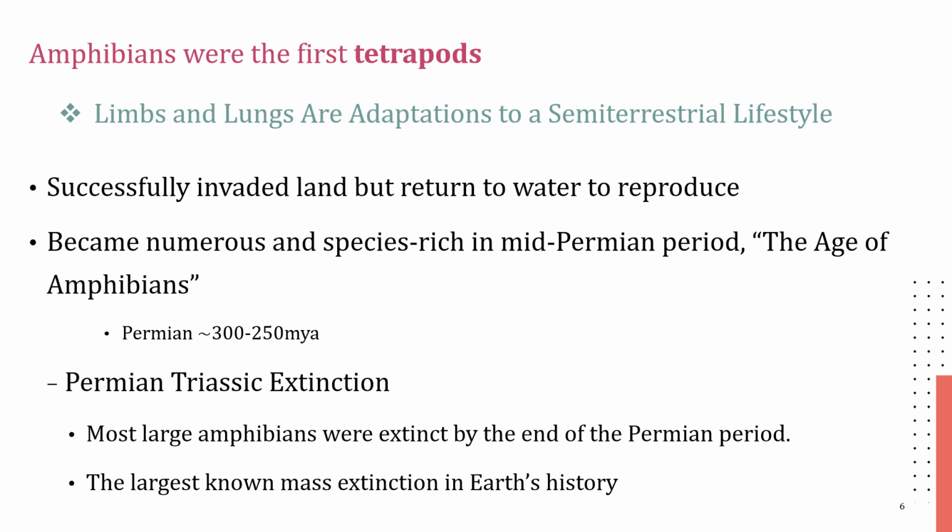It was a mass extinction that was caused by volcanic eruptions in an area called the Siberian Traps. So this volcanic eruption released sulfur and carbon dioxide, and caused a massive increase in temperature due to the greenhouse effect.